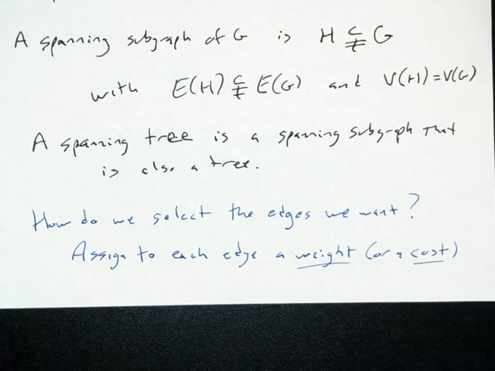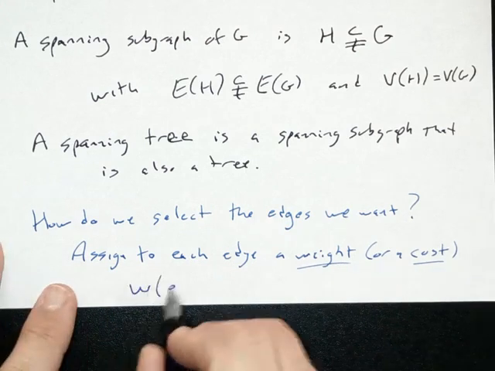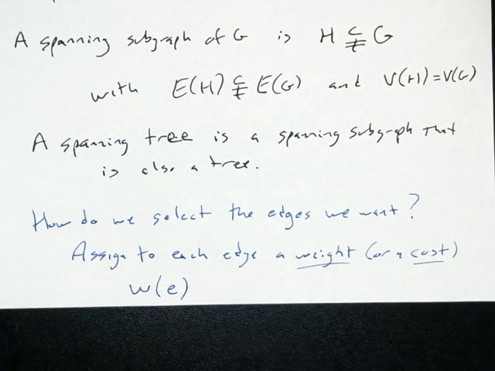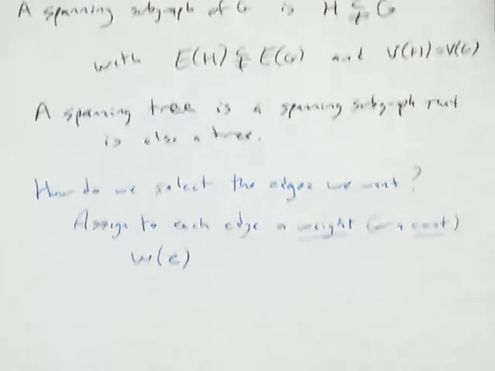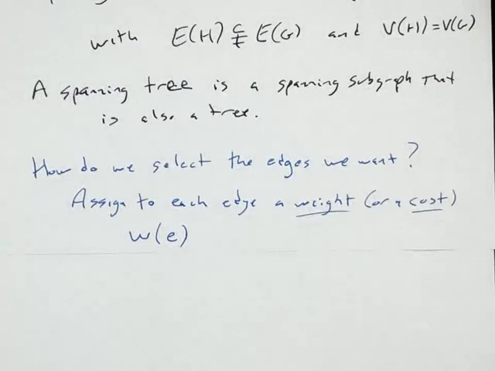That's just going to be a number. W of E, where E is the edge and W of E is its weight. This is a function. Then I can define the weight of my subgraph.